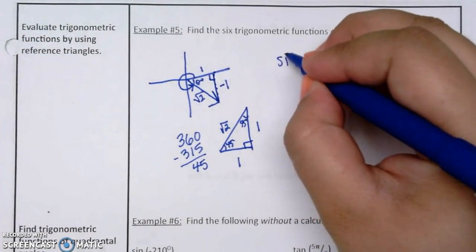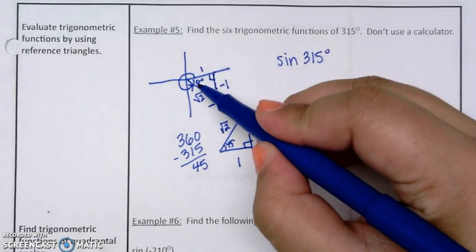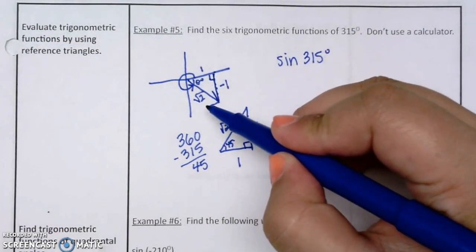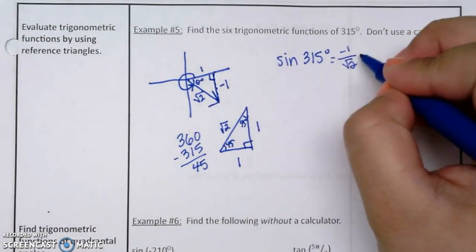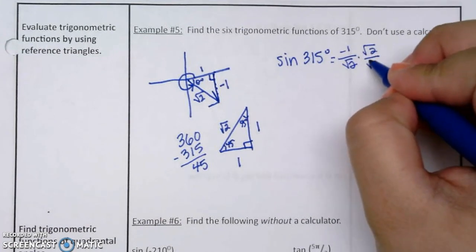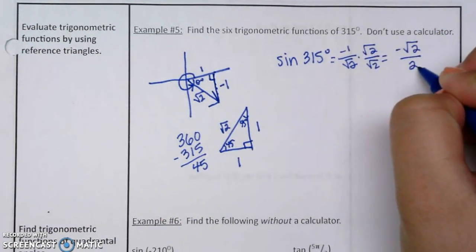So let's find sine of 315 degrees. Sine is opposite over hypotenuse. So that's going to be negative 1 divided by the square root of 2. When we rationalize that, we'll have negative square root of 2 divided by 2.